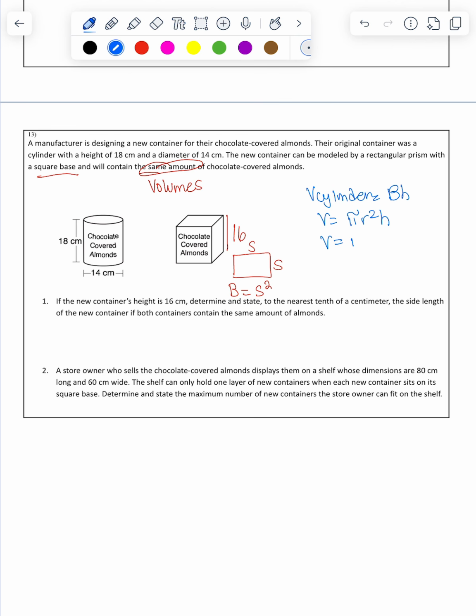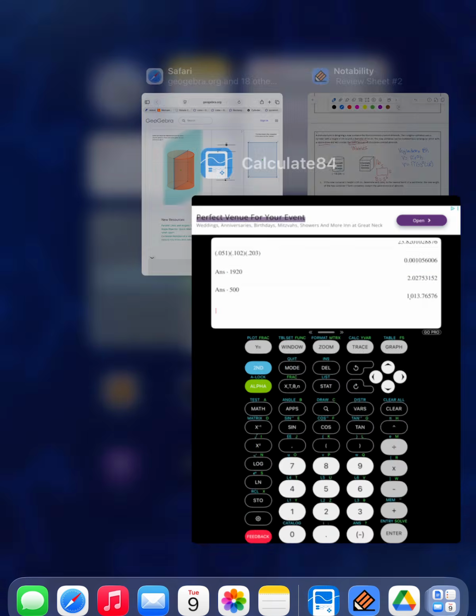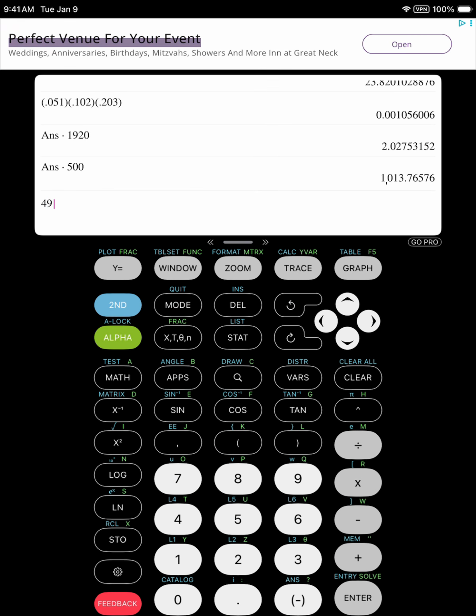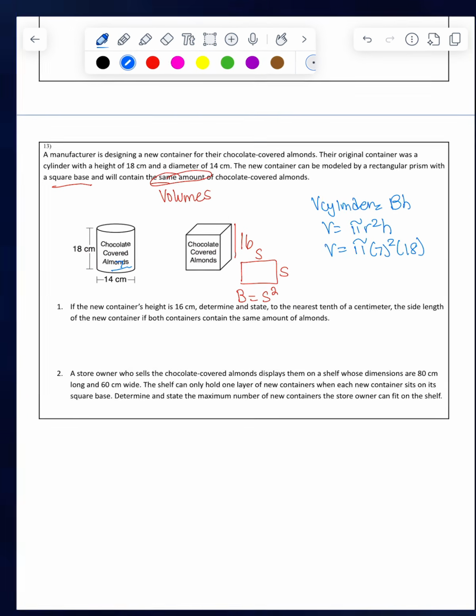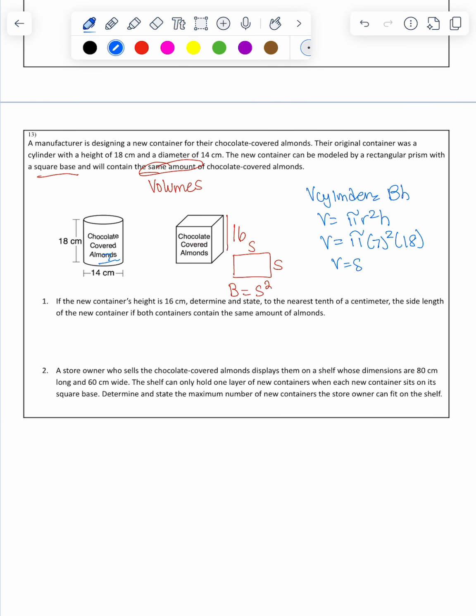The radius is 7 because the diameter is 14, and the height is 18. In my calculator, 7 squared is 49, and 49 times 18 is 882 pi. Everything was in cubic centimeters.